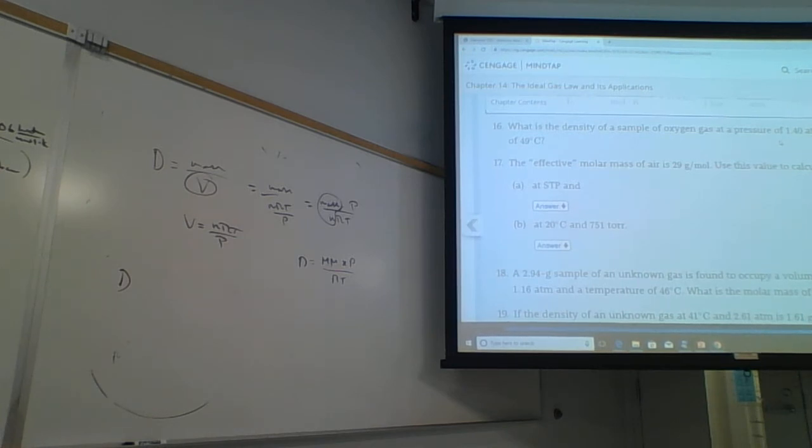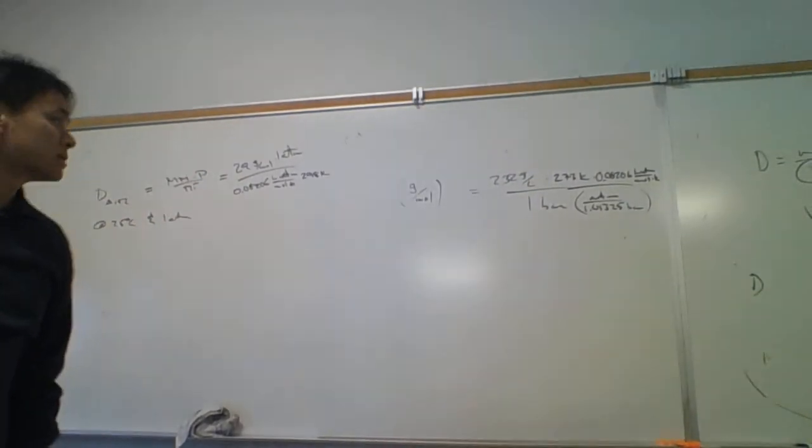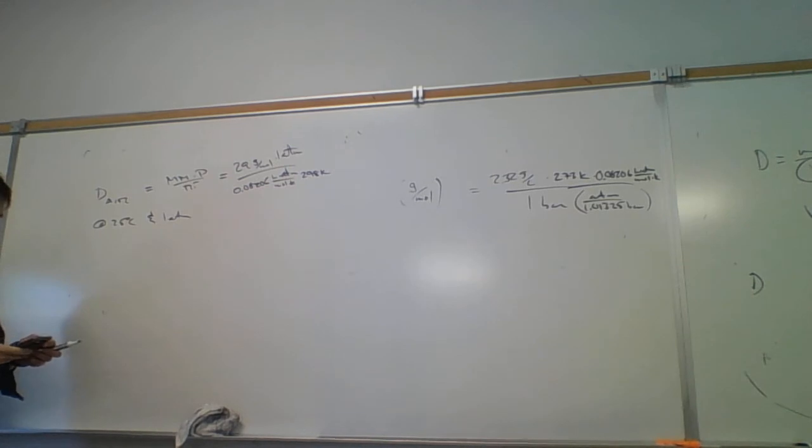So room temperature and room pressure is what we have here. And so what is the density of air under these conditions? It's going to be 29 divided by 0.08206 divided by 298.